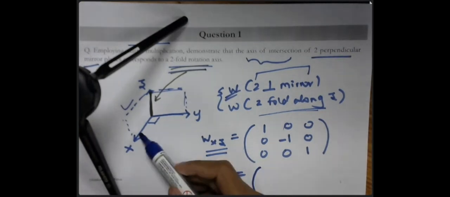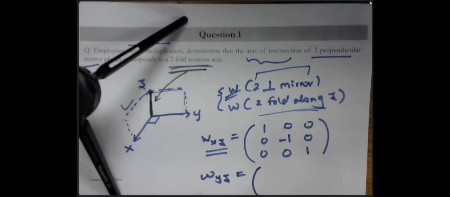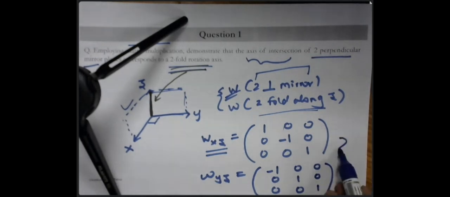It will transform x to minus x, so we write minus 1, 0, 0. Y is not going to change in any way: 0, 1, 0. And z will again remain as it is: 0, 0, 1. And this is what we have obtained for the two mirrors.